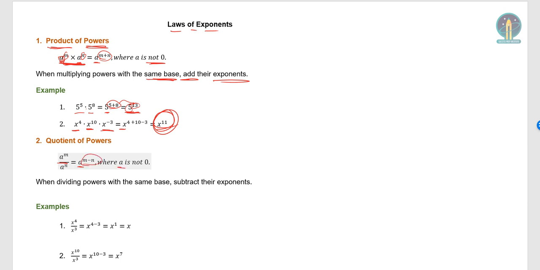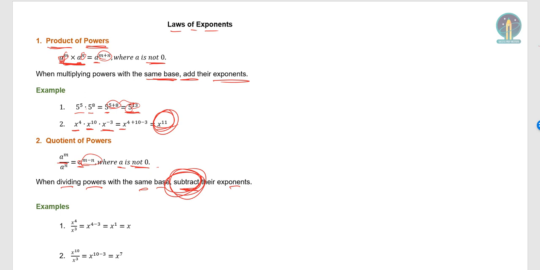And again, as long as a is not equal to 0. So if a were equal to 0, this would not be valid. Okay, so it's a to the m minus n power. So when dividing powers with the same base, subtract the exponents.